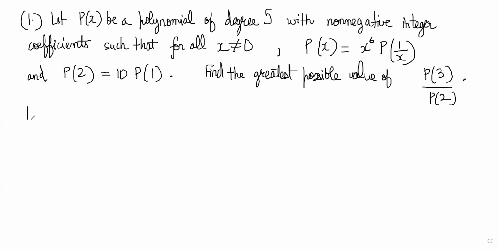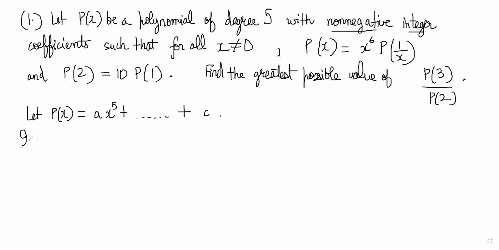So first of all, let's say Px is a polynomial like this. It was degree 5, so we'll say a x power 5 plus some terms plus some constant c. This is my polynomial. Now they have said that it has non-negative integer coefficients such that for all x not equal to 0, this condition is true, right?